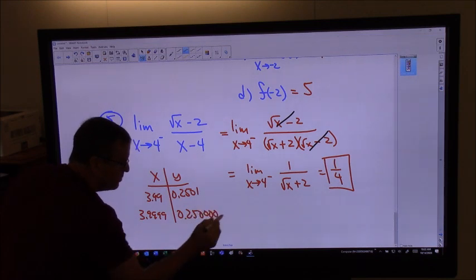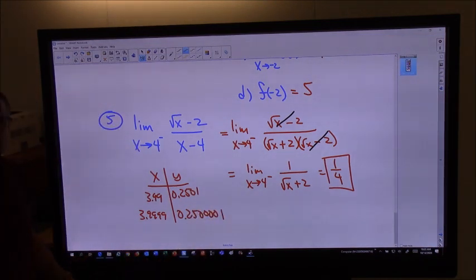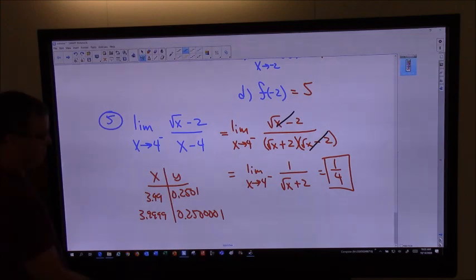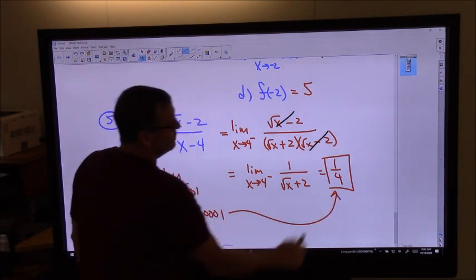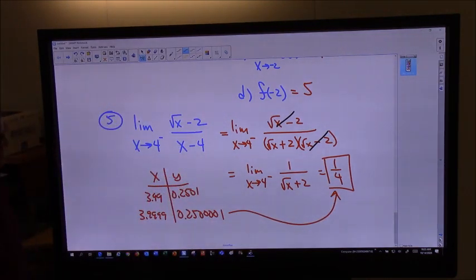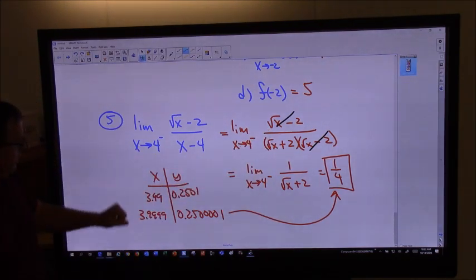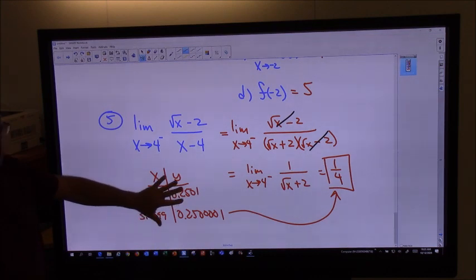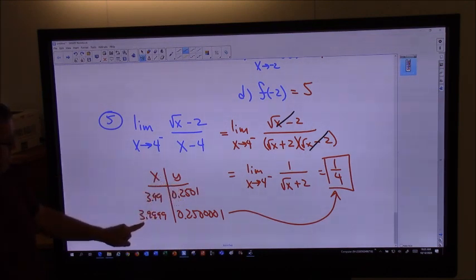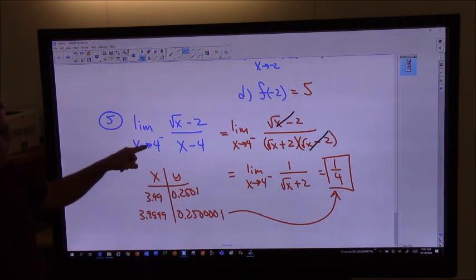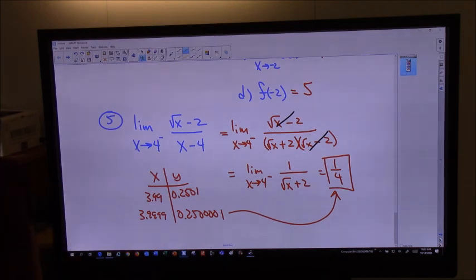I don't remember how many zeros there were, but I got closer to 0.25. And so I'm just saying, yeah, that's 1/4. Okay, I did this 2 different ways. I did it algebraically, and then I came back and did it numerically. But I don't have to check 4.0001 because we're only coming at it from the small side.